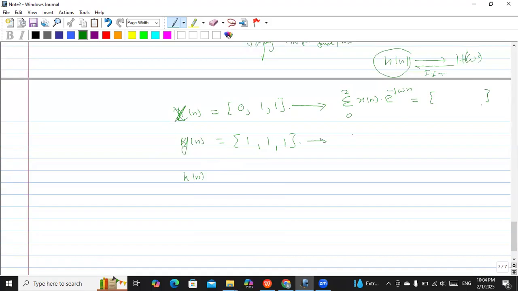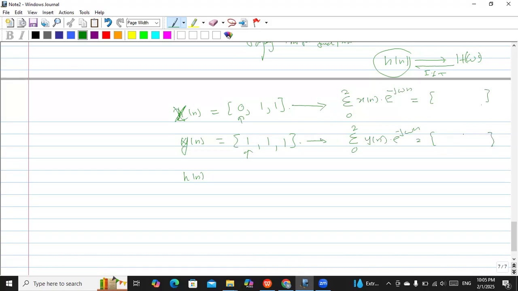So what you need to do? This one is also from 0 to 2, 0, 1, 2, and that is yn e to the power minus j omega n. If you expand, you have that term also.